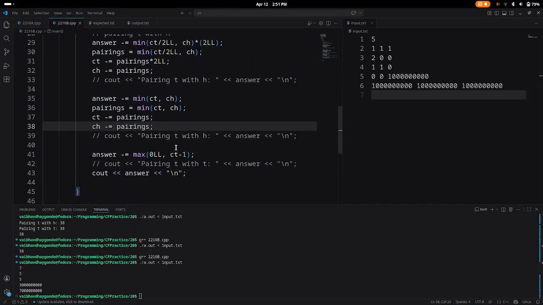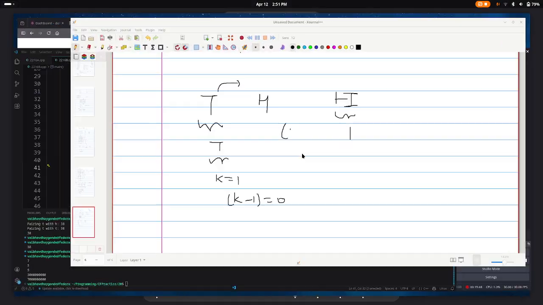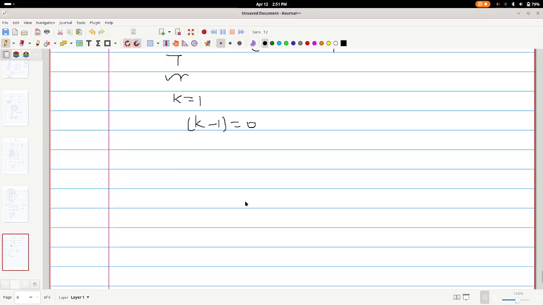And even after all of this consumption, if there's some T remaining, as I have explained, if there are K T's remaining at the end, we can arrange these K T's in this order, and the saving would be K minus 1.